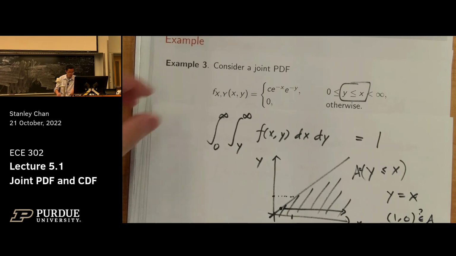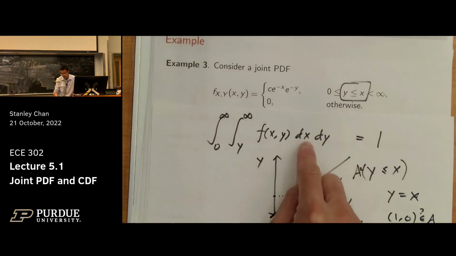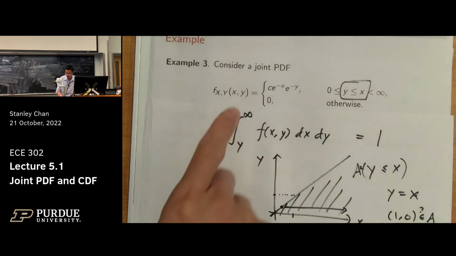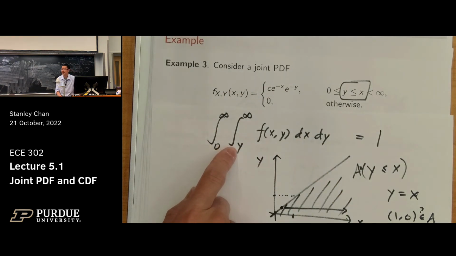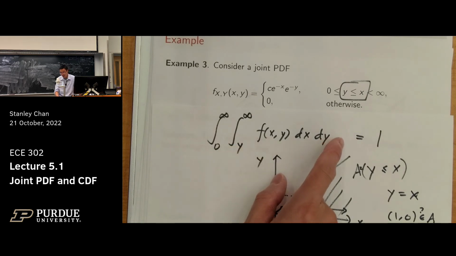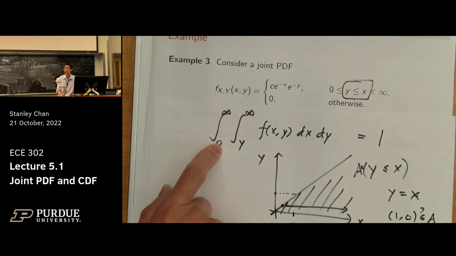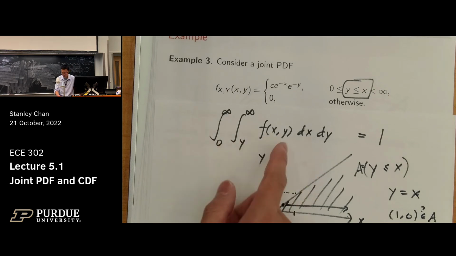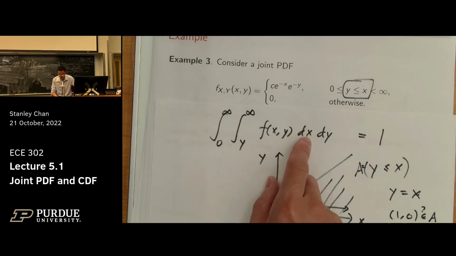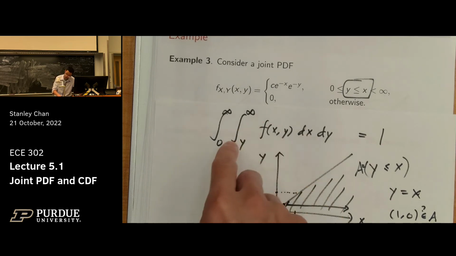Now, one thing to remind you is that if you integrate with respect to x, your limit cannot have an x. Just a simple rule of thumb. If you're integrating with respect to y, your limit cannot have a y. Here it is okay because you integrate using dx and you have a y in your limit.